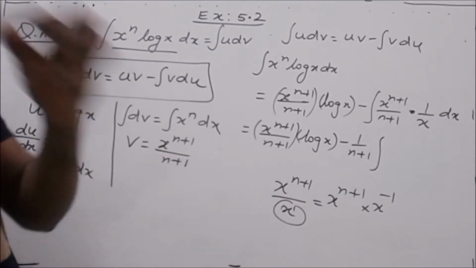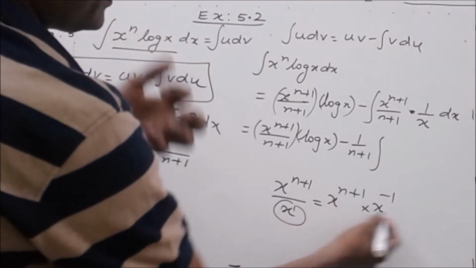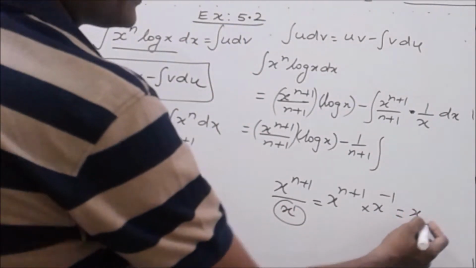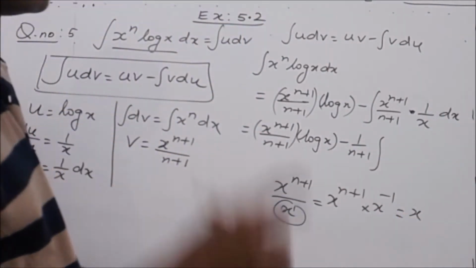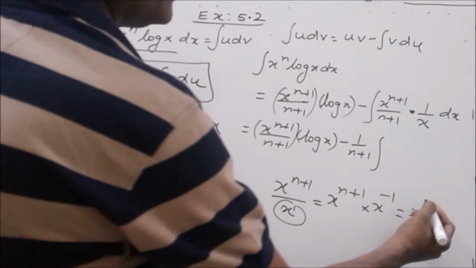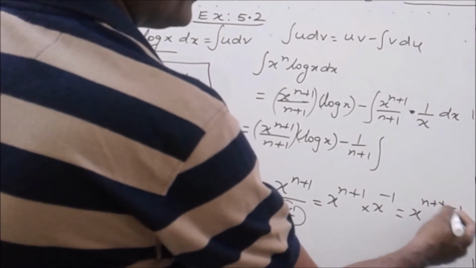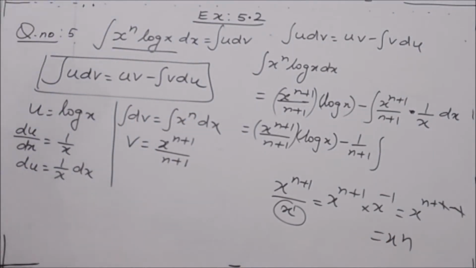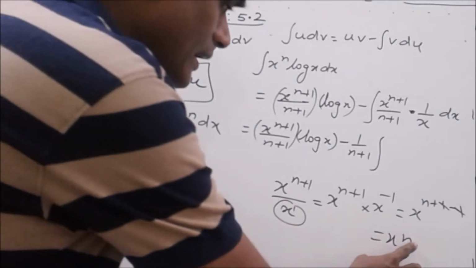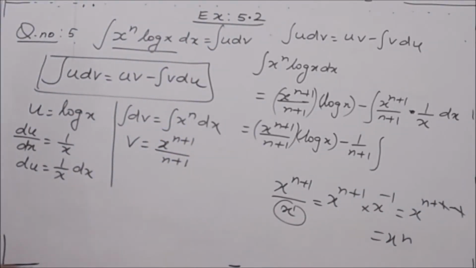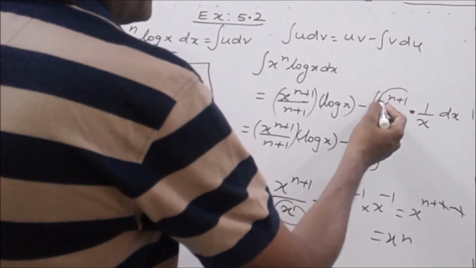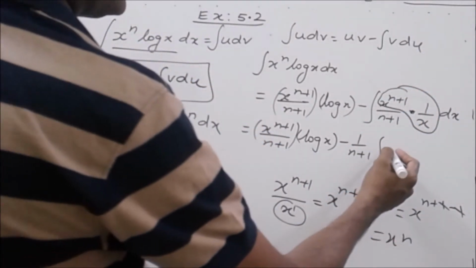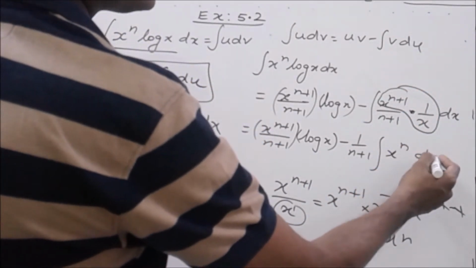Bringing this x to the numerator, it will be x to the power minus 1. The bases are equal, we can add the powers. Here x to the power n+1 minus 1, 1 minus 1 get cancelled, so we will have x^n. So x^(n+1) by x is nothing but x^n, so x^n dx.